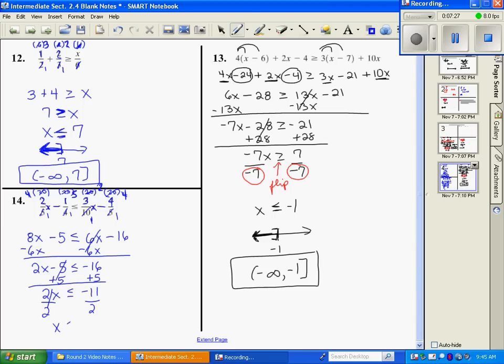And x is less than or equal to negative 11 halves. So if I do a quick sketch of that, it would be a bracket on less than. So interval notation is going to be negative infinity to negative 11 halves with a bracket.